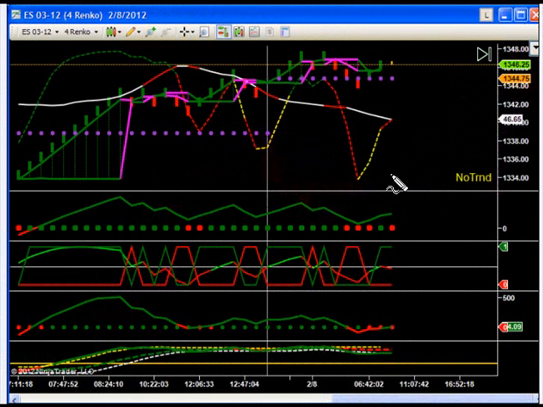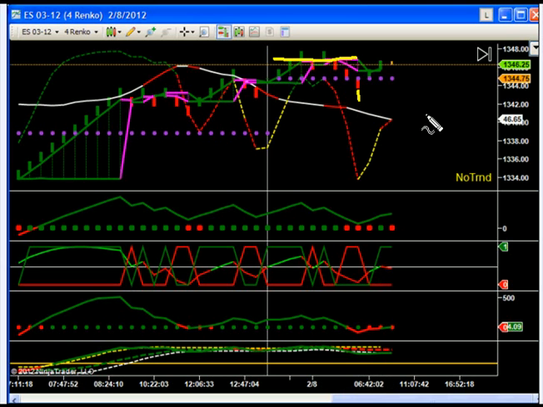This is the ES4 Renko on 2/8/2012. When I opened NinjaTrader this morning and the data was set for 24-hour collections, I saw that overnight just this many bars had formed in here, and the market opened at 6:30 West Coast time, somewhere right around here.